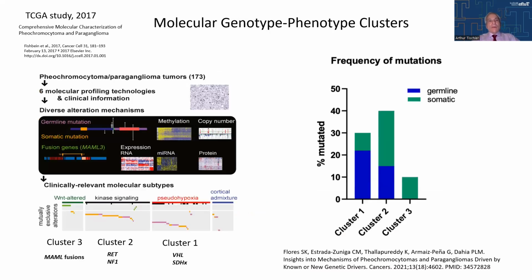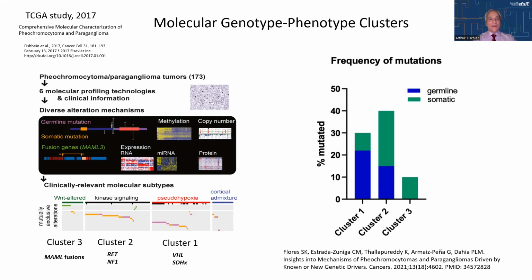The Cancer Genome Atlas study of 2017 divided pheochromocytomas and paragangliomas into genotype-phenotype clusters based on transcriptome, germline mutation, and expression of selected proteomic markers. And the major clusters at that time were called Cluster 2 and Cluster 1.